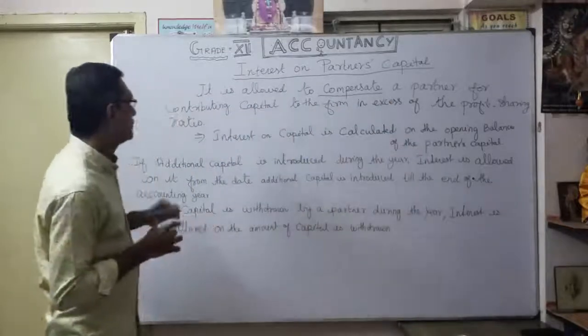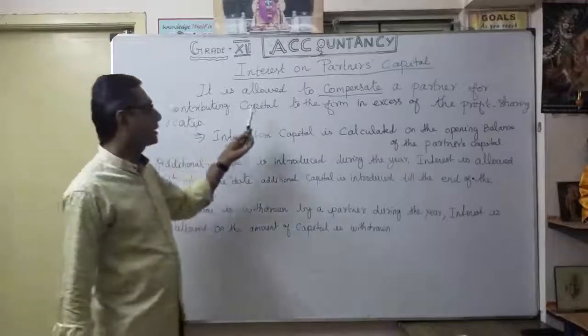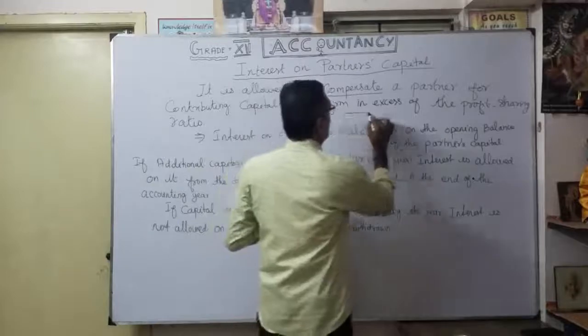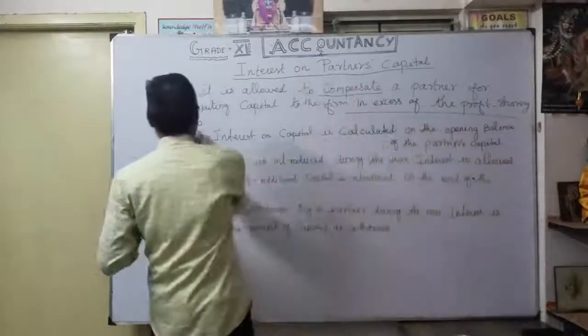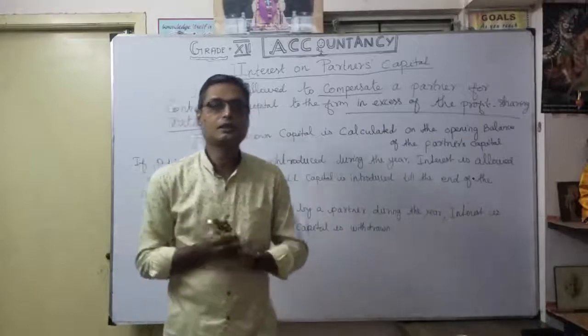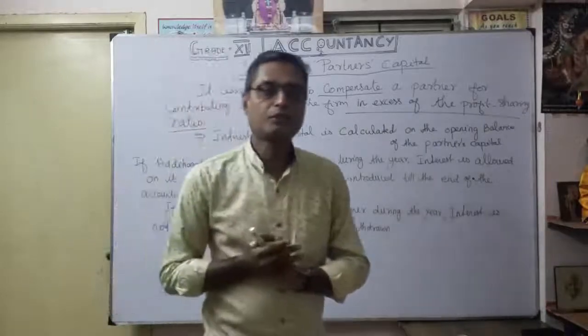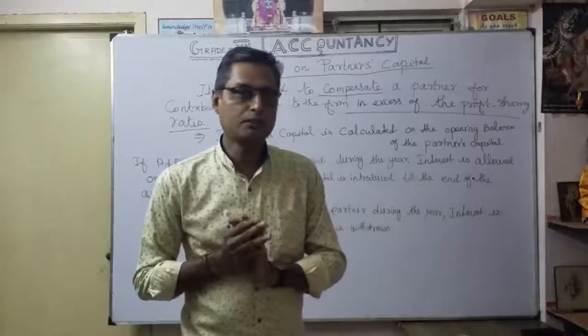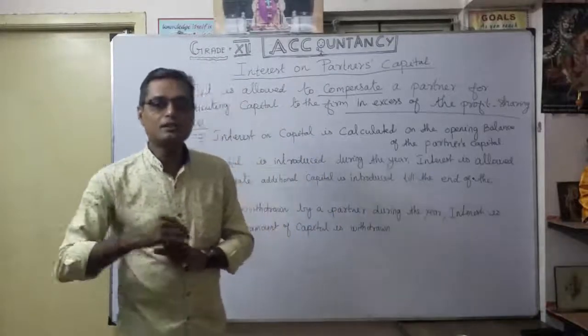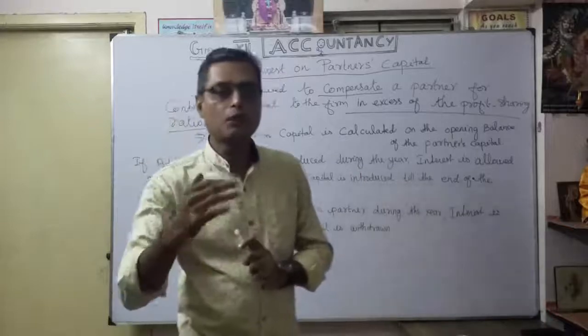It compensates a partner for contributing capital to the firm in excess of the profit sharing ratio. That means usually every partner should get profit according to the ratio mentioned in the partnership deed. Apart from the profit, some partners will get interest on capital to compensate.